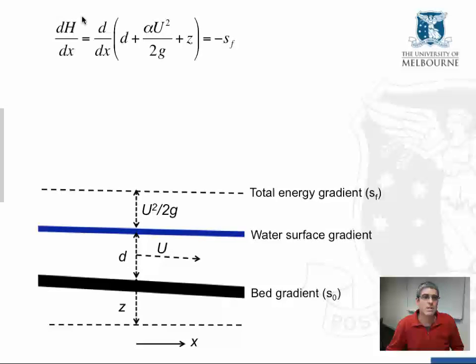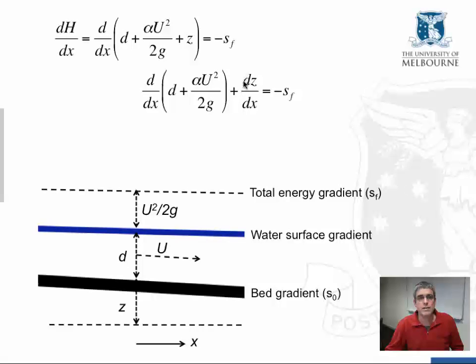We know that the change in total energy head is given by the change in the sum of these three terms, and that's expressed as the gradient in the total energy head, SF. So this is simply saying the gradient in the sum of the three energy terms is equal to the gradient in the total energy head.